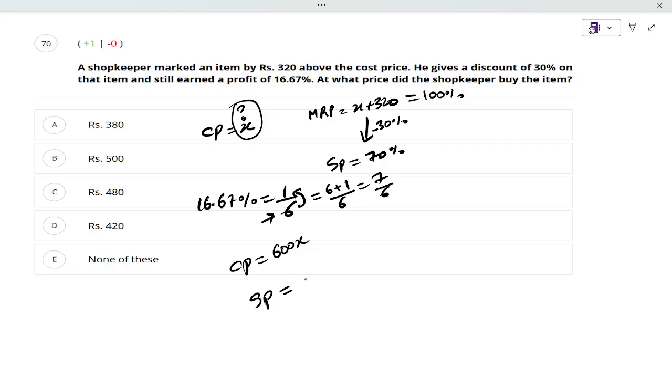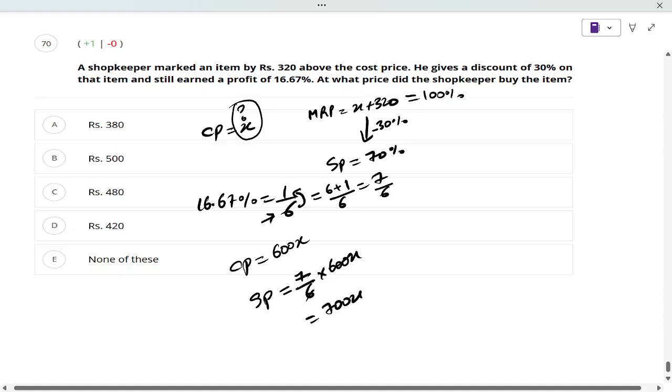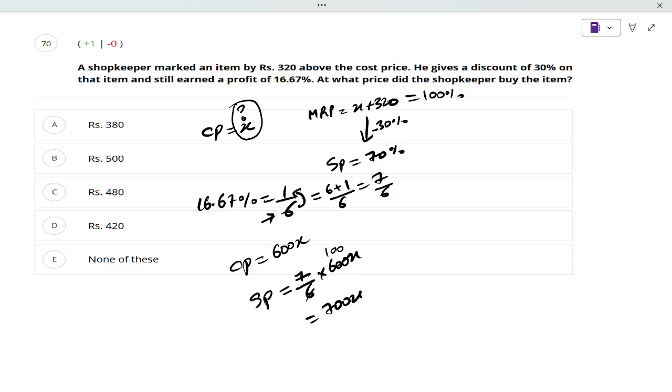So here, the profit will be 16.67, right? So you can do 7/6 into 600x. Then this will be 700x if you cancel it. Right. Do not worry. I'll give you another method. You know now that cost price is 600x.